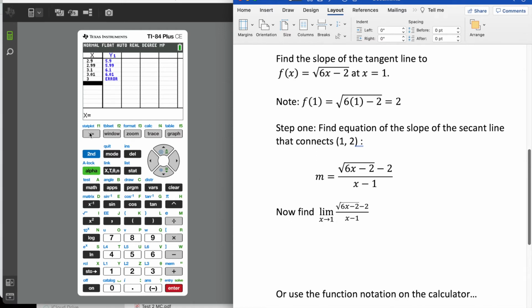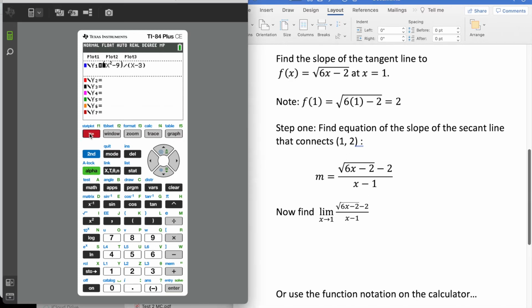So let's go back to our calculator, go into y equals, clear out what we had before, and put in this equation for slope that we created. Second, put the square root in here, 6x minus 2, except I need to put the parentheses first.